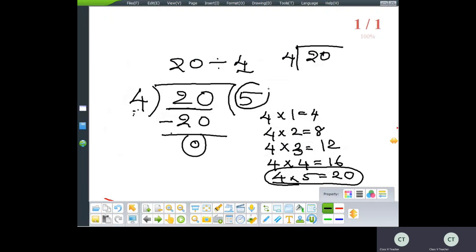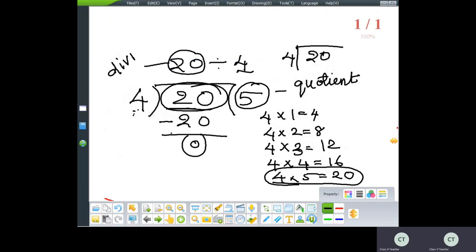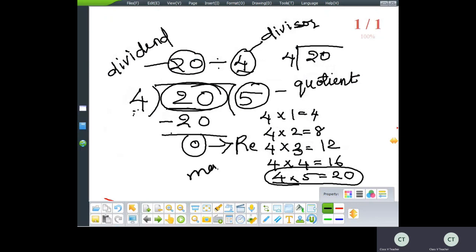And this 5 is called the quotient. This number 20 is called the dividend. Remember these terms. And 4 is the divisor, and here you got 0, so 0 is the remainder.